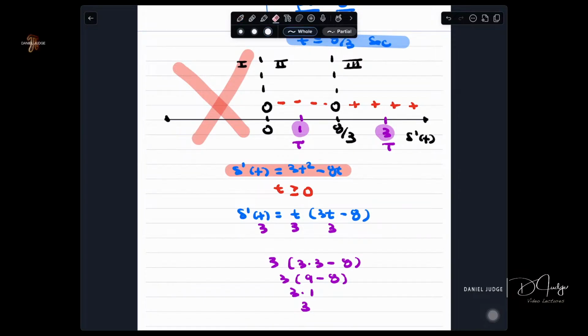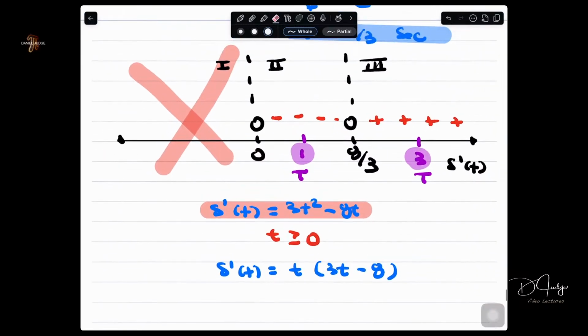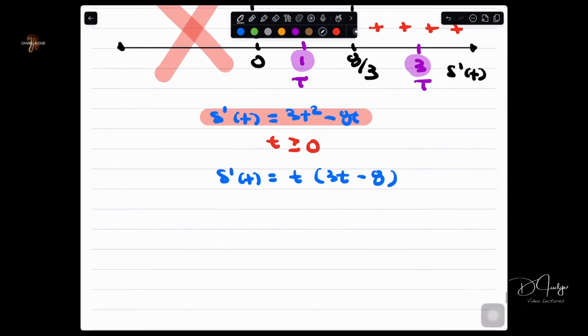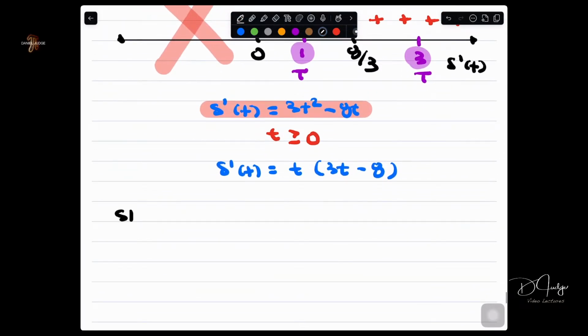Okay, here's the sign analysis we're supposed to do. Now, remember this is sign analysis, but remember what they want to know with motion. They want to know, when does the particle stop? Well, it stops when your velocity is 0.